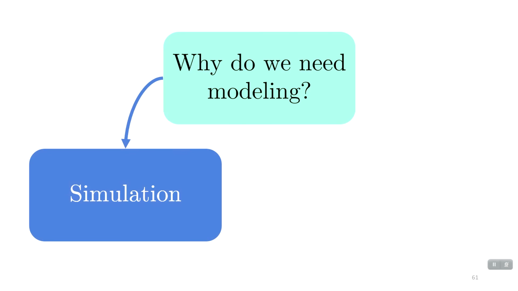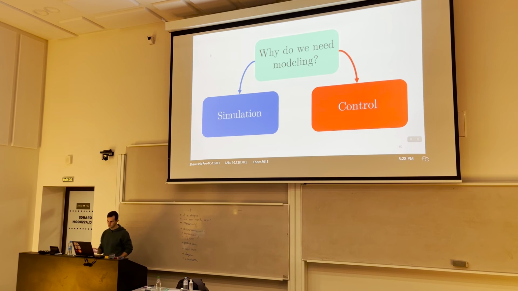And also we can divide it into two huge groups of tasks. It is simulation and control. We just covered the simulation, and during the second lesson we go deeper into the details, and in the third lesson we will tackle the control.